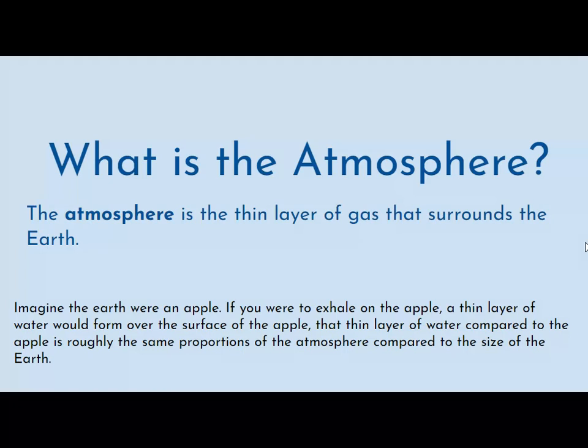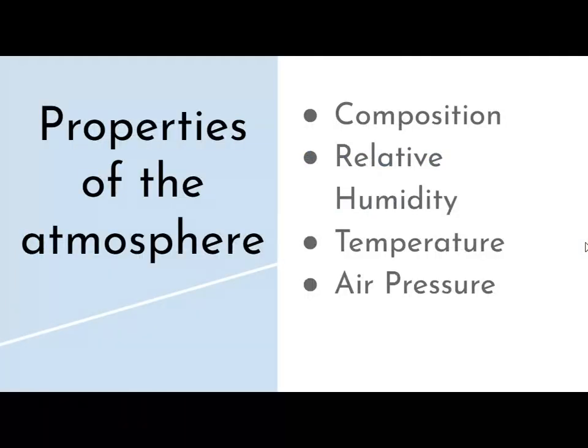So that thin layer of gas is everything that we breathe in. It helps keep us warm, but it is also very, very easy to pollute. To talk about the properties of the atmosphere, we can break it down into four main characteristics. The first is composition: what's it made of? The different layers of the atmosphere have different things in them.